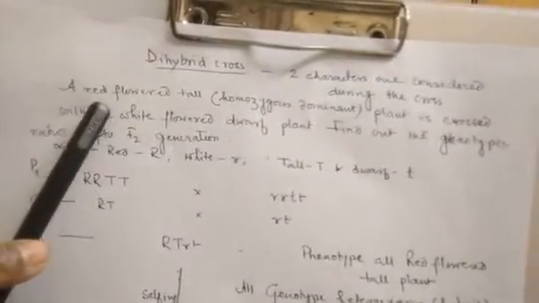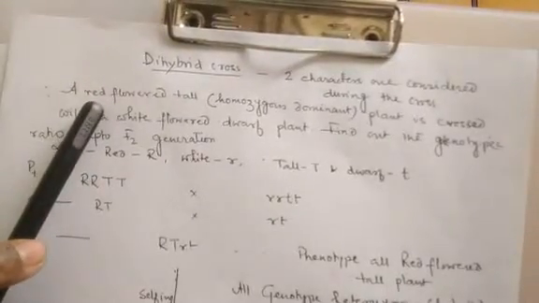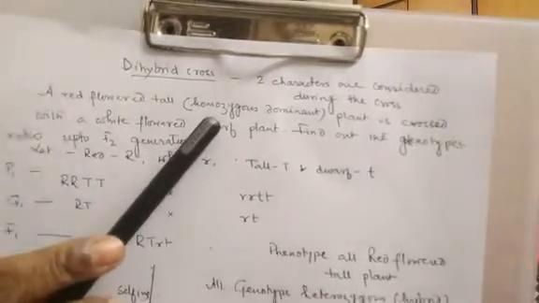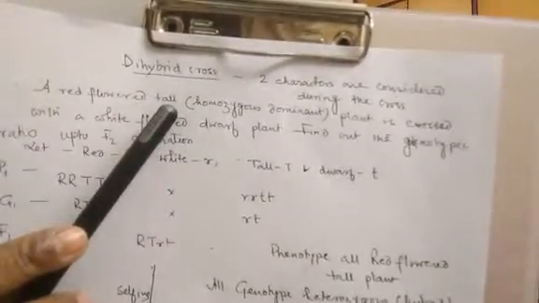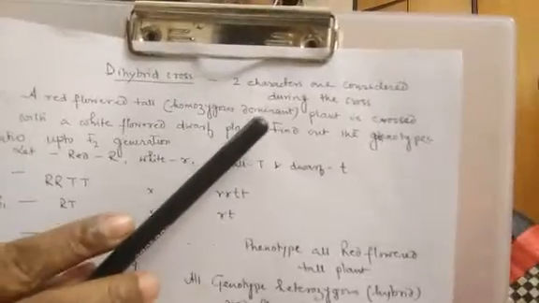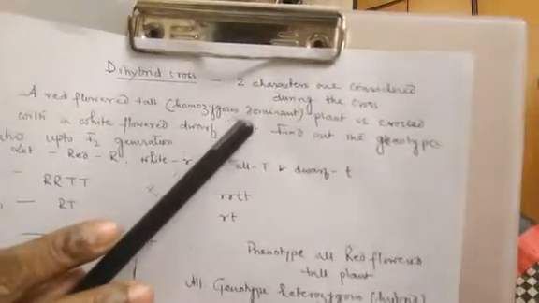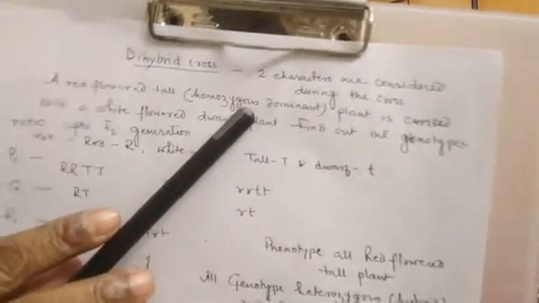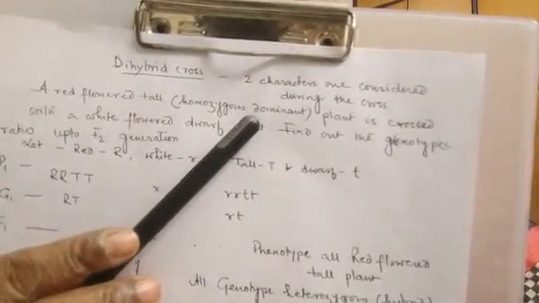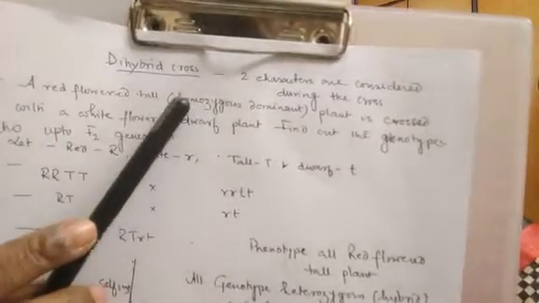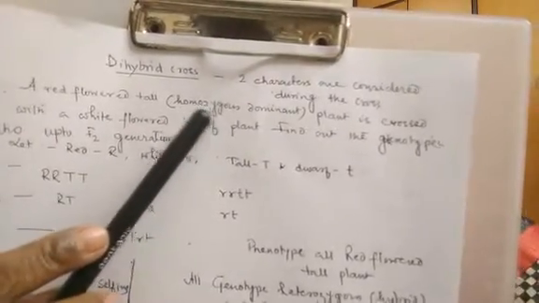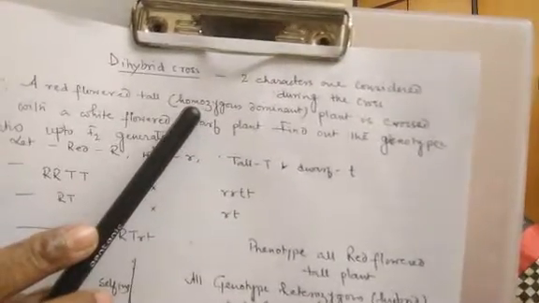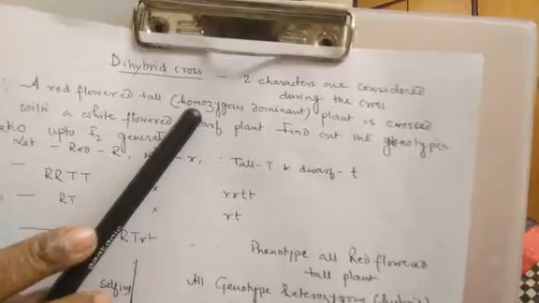Now here a question is given: a red flowered tall plant which is homozygous dominant. So what is dominant? Dominant is that character which will be expressed whenever it is present, in spite of the other factor. And homozygous means both the traits are similar.